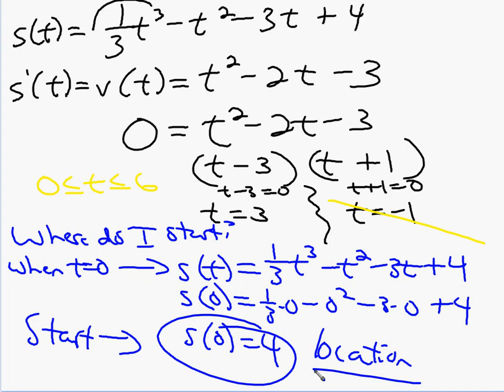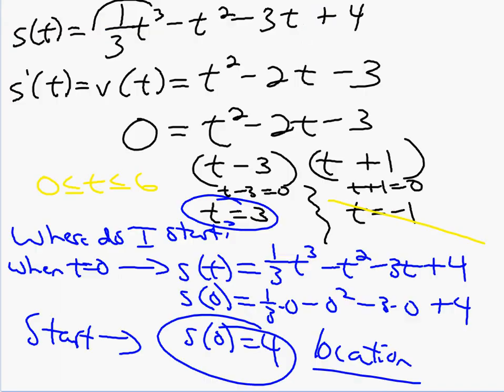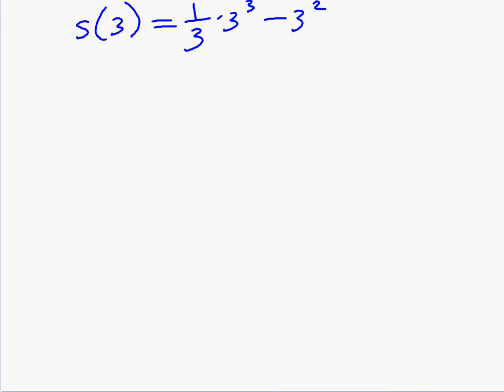Now, didn't we know that there was a change in direction at 3? Right? So let's find out how far we traveled. Let's find our change in position up to that point. So now let's do S of 3. S of 3 is going to be 1/3 times 3 cubed minus 3 squared minus 3 times 3 plus 4.